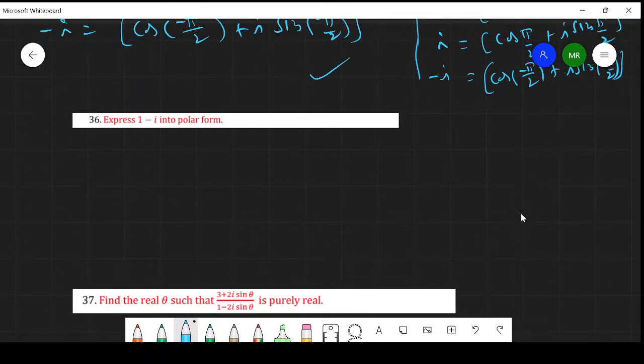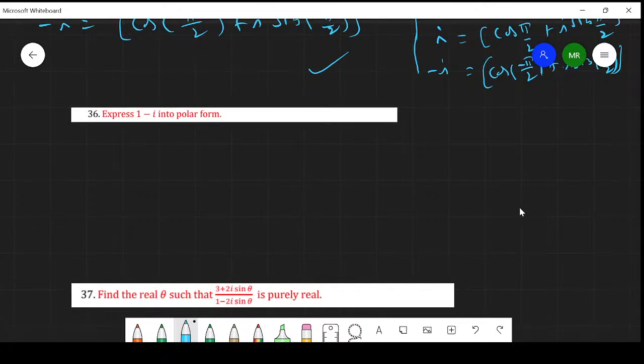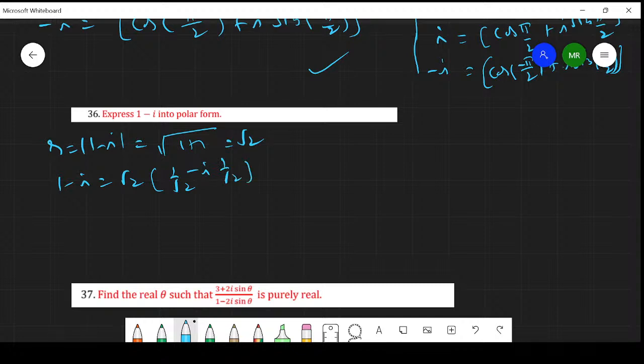Now see here: express 1 minus i into polar form. Take the modulus of the complex number 1 minus i: root of 1 plus 1, which is root 2. So write 1 minus i equals root 2 into 1 by root 2 minus i into 1 by root 2.